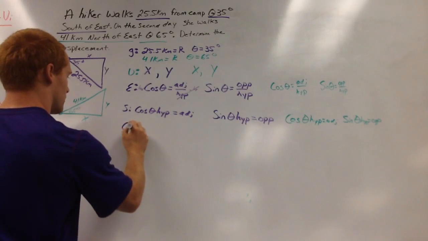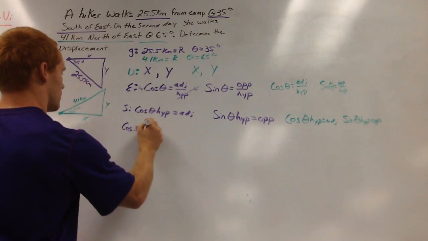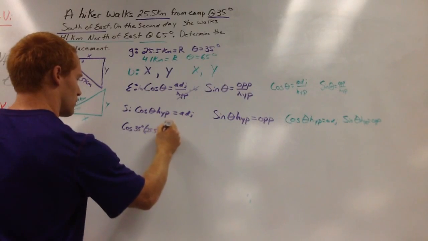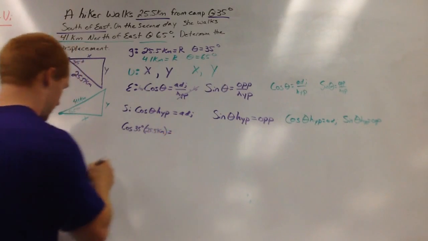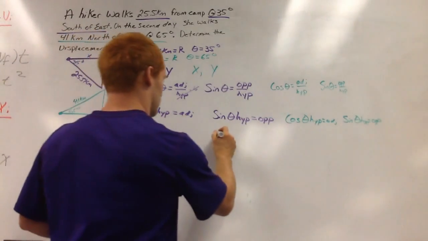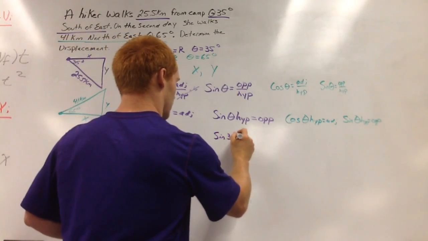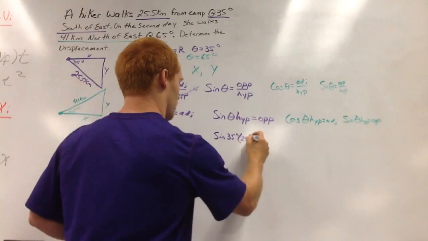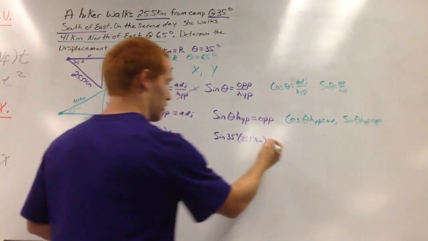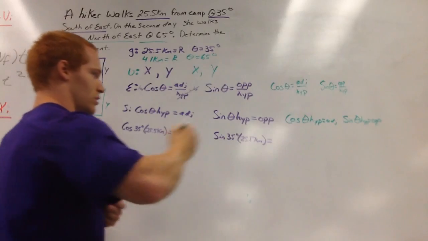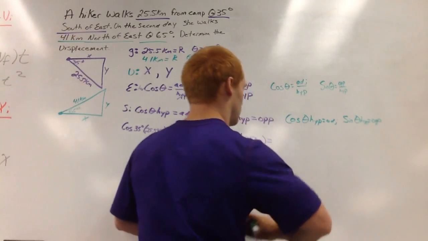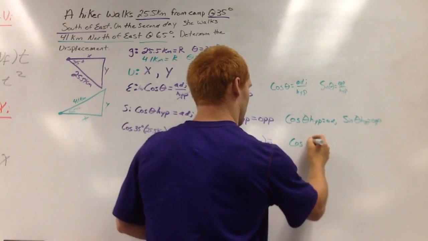So cosine 35 degrees times 25.5 kilometers is going to give us our x value. And then sine 35 degrees times 25.5 kilometers is going to give us a y value. Then we'll do cosine 65 degrees.